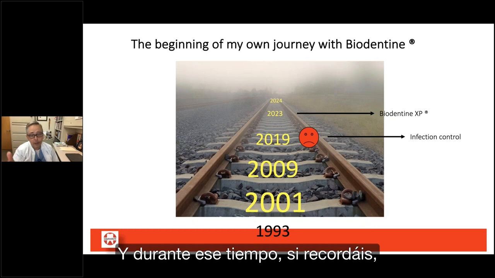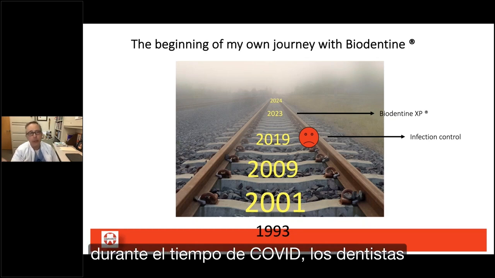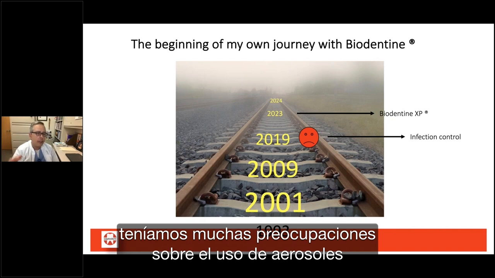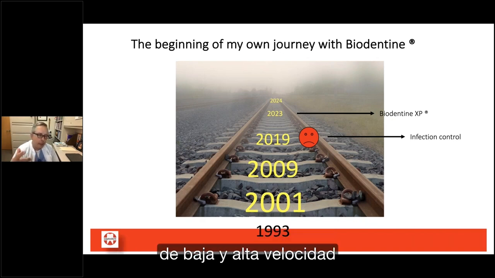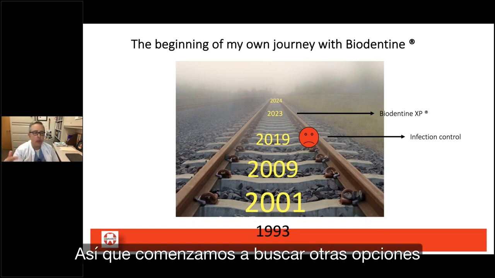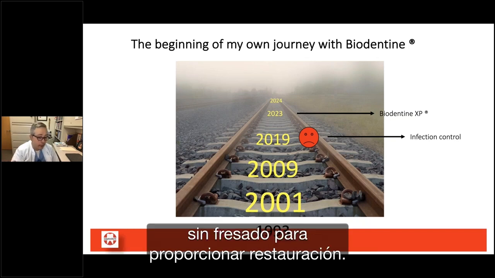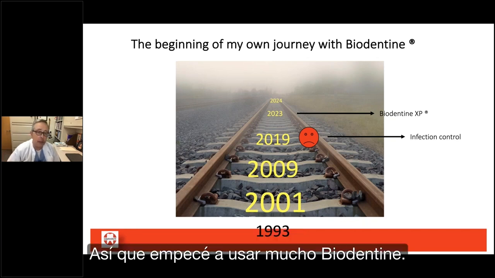If you remember, during COVID we collectively as dentists had a lot of concerns about the use of high speed and low speed handpieces, aerosols, and the dissemination of the virus in the room and everything else. So we started to look at other non-restorative, no-drilling options for providing restoration. So I started to use a lot of Biodentine.